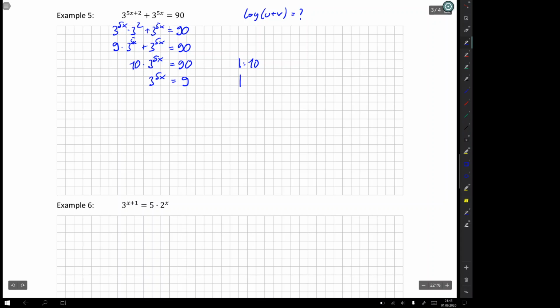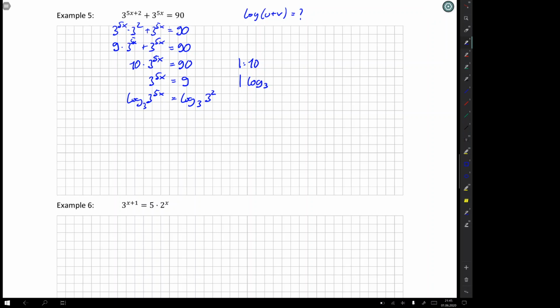Now, well, you can try on your own. Here comes the solution. We take the logarithm in base 3. So we get logarithm of 3 to the power of 5x in base 3 equals logarithm of 9 in base 3. Or maybe let us just rewrite immediately the 9 as 3 squared.